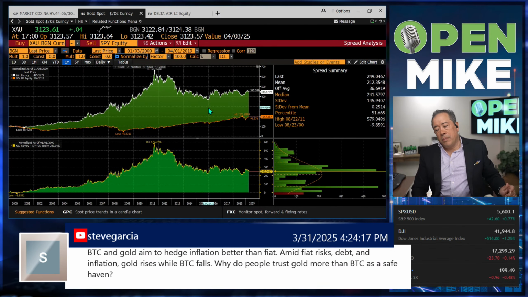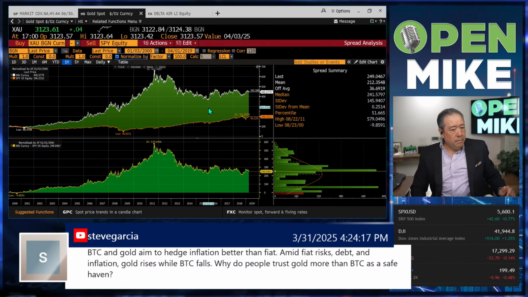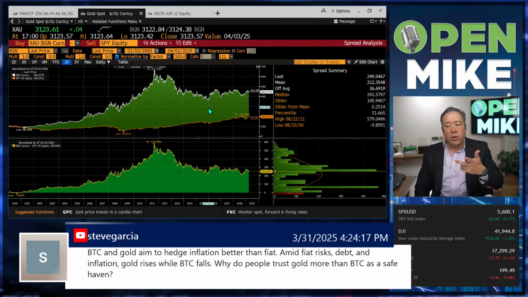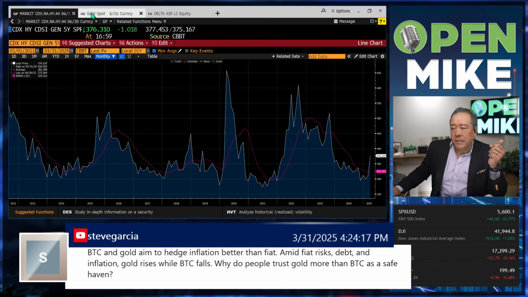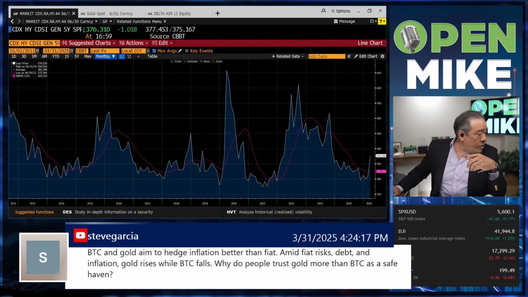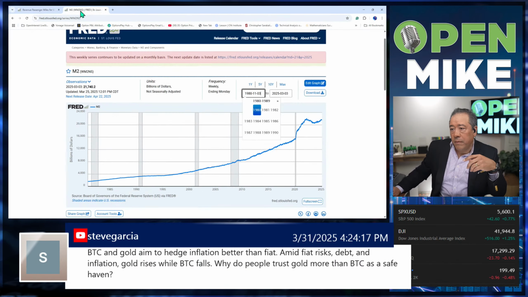It's outperformed the S&P. This is not including dividends, so it hasn't outperformed it by quite that much. But that's just shocking. And there's a reason. Here's a reason that you could look at.